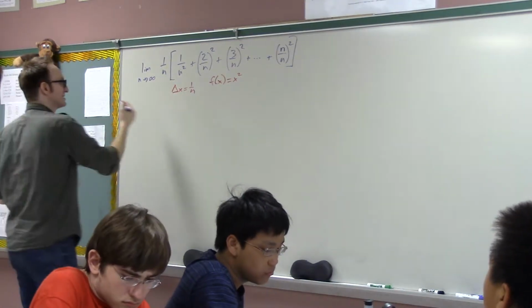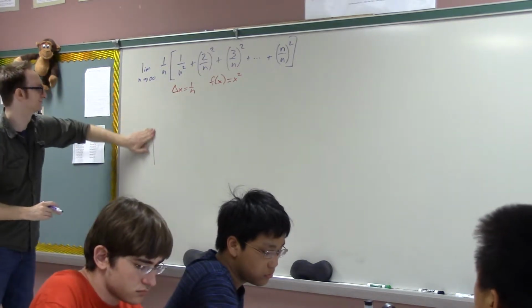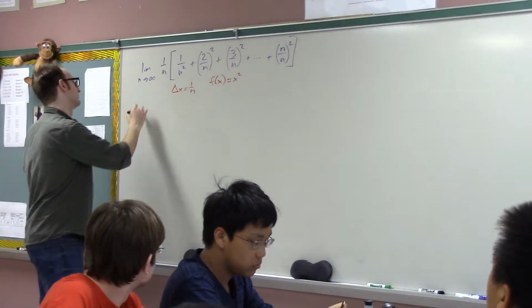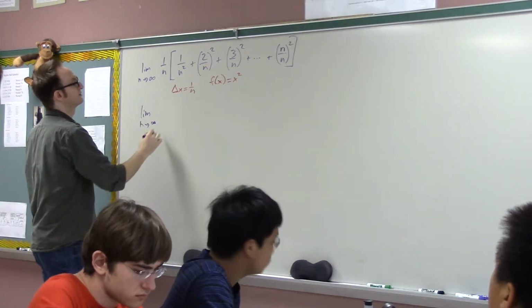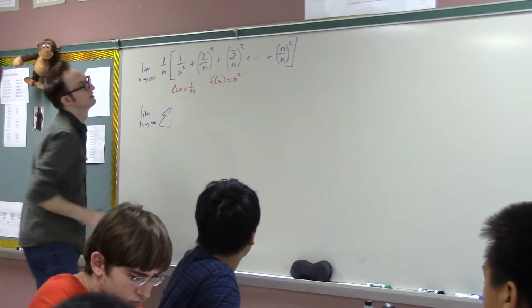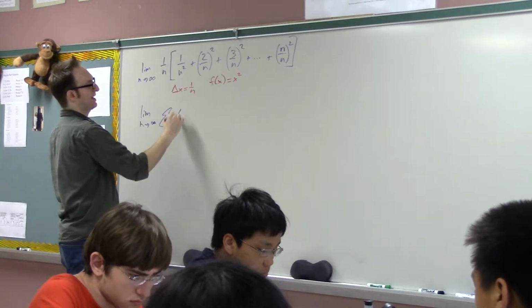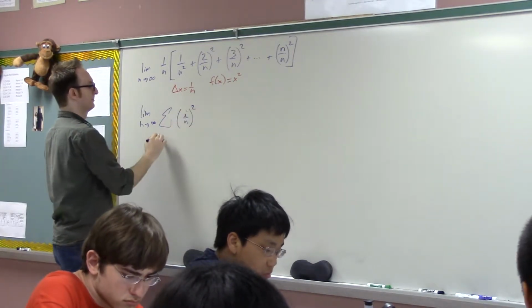Now I'm going to just draw a picture. So basically, what do you think the answer is? The sum from i equals 1 to n. So yeah, if you want to rewrite it as a sum using sigma notation, if that makes you feel better, then it is just i over n squared, right?